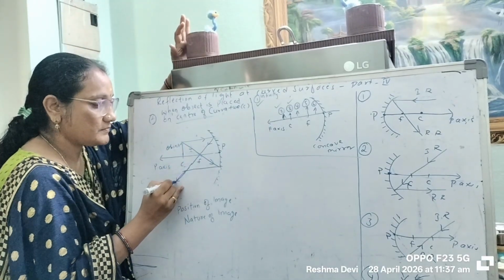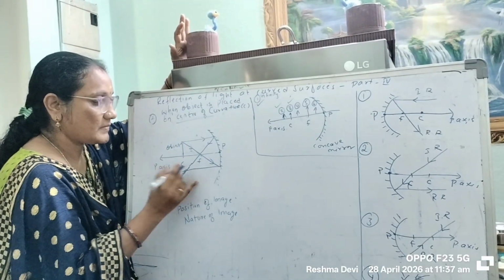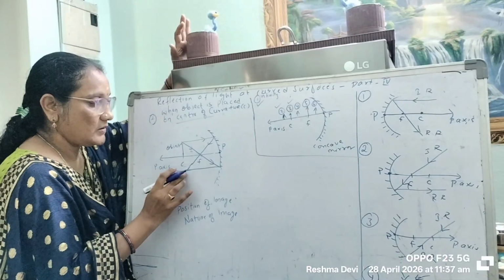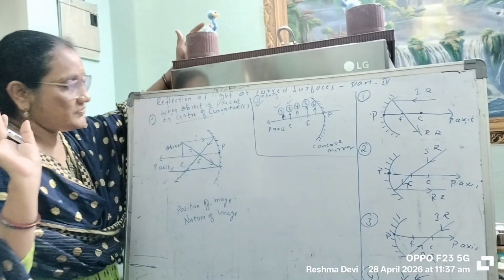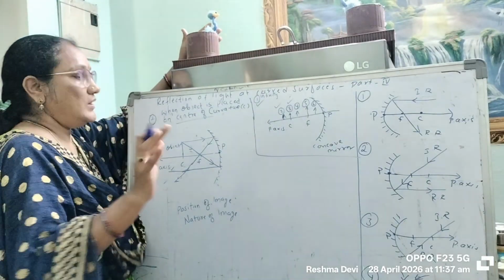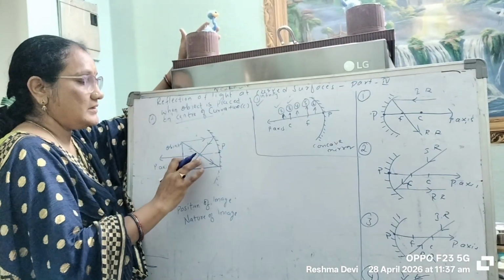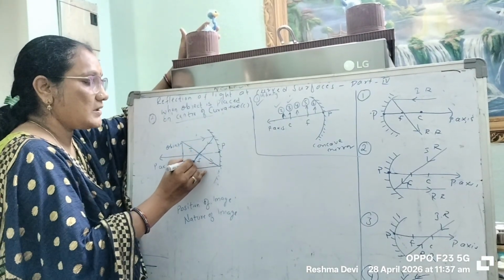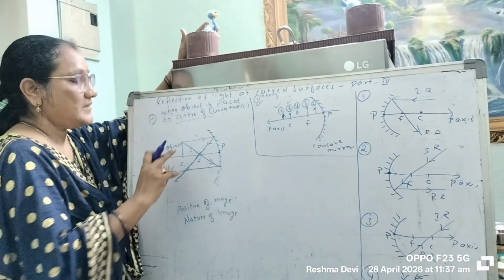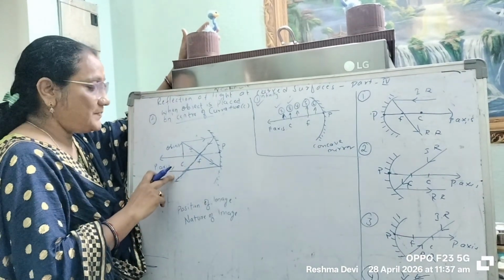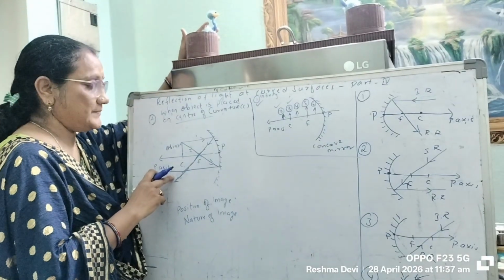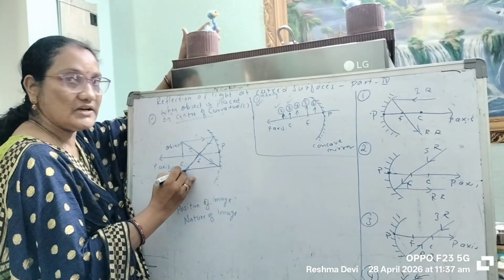Two rules we are using: one, parallel rays pass through the focus; another, rays passing through the focus after reflection travel parallel to the principal axis. Now image, here is the converging point.